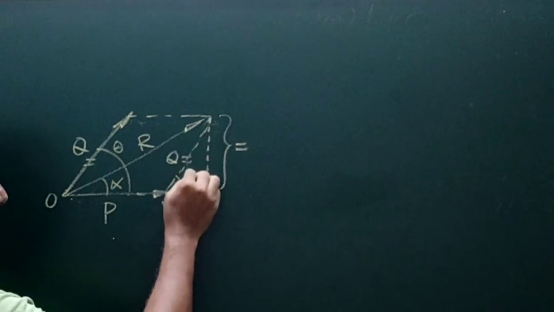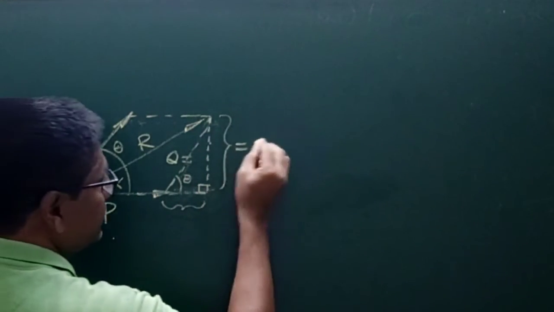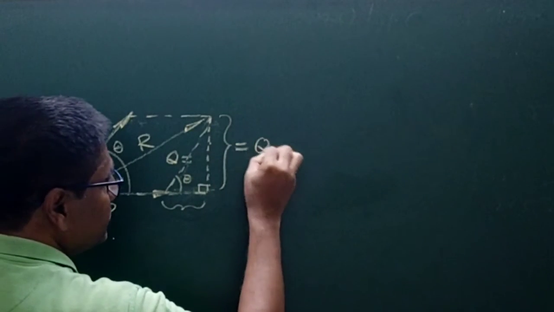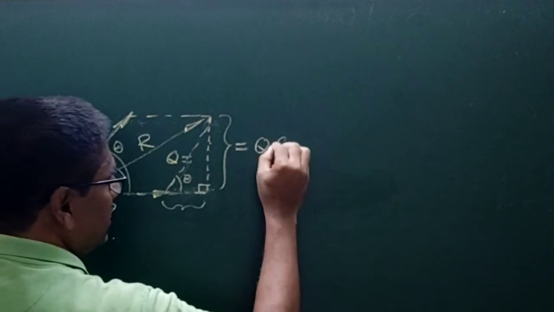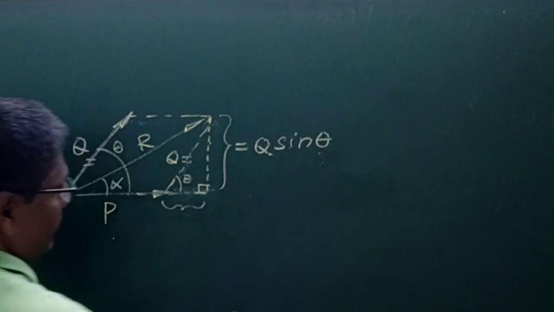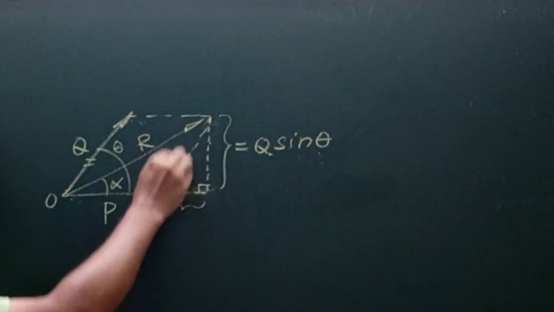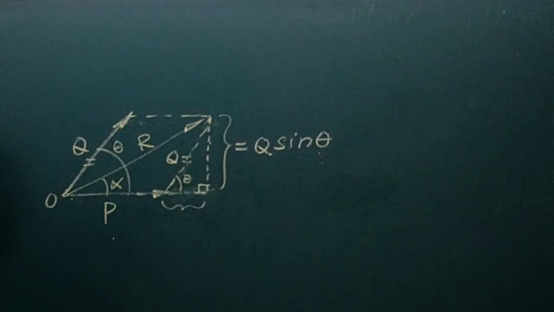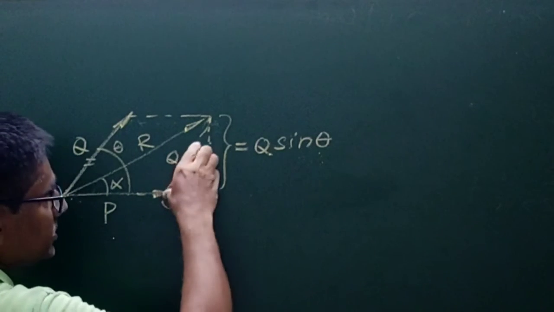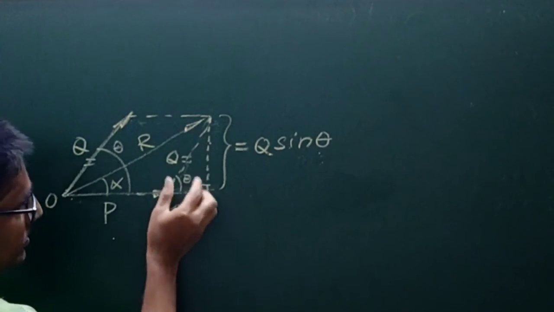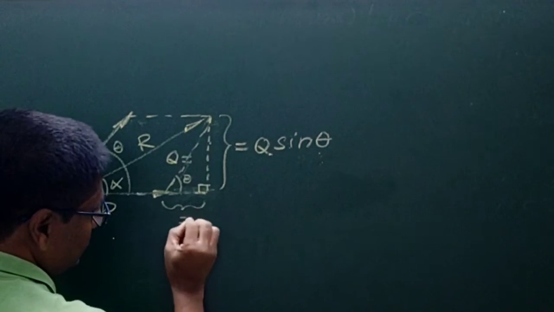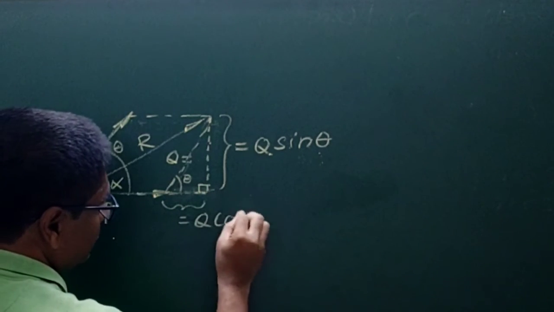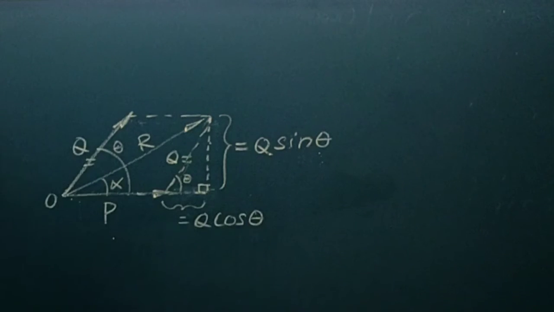As this is opposite side, this opposite side is equal to Q sine theta. And this adjacent side for this smaller right angled triangle of course is Q cos theta. Now we are interested in finding this resultant value.